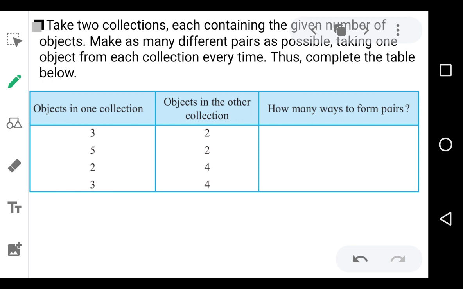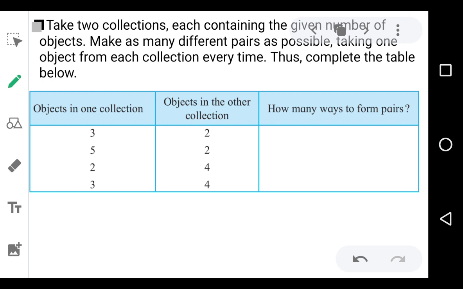Thus complete the table below. So here it gives two collections, the number of objects in one collection and in the other collection. Here we have to find how many ways there are to form the pairs. So it just gives the number of objects and we have to find the number of pairs.